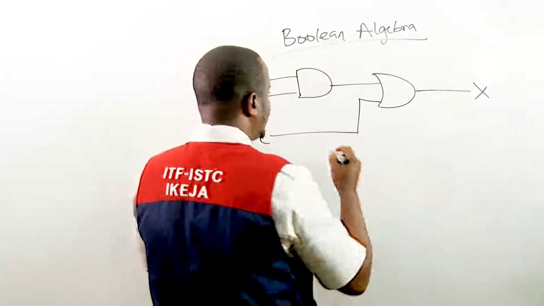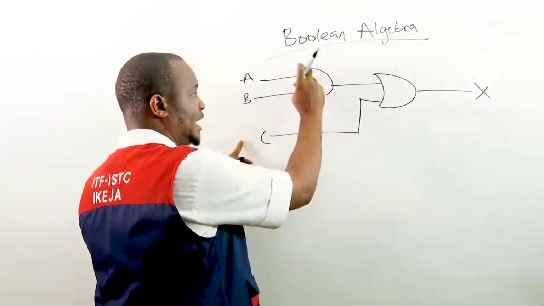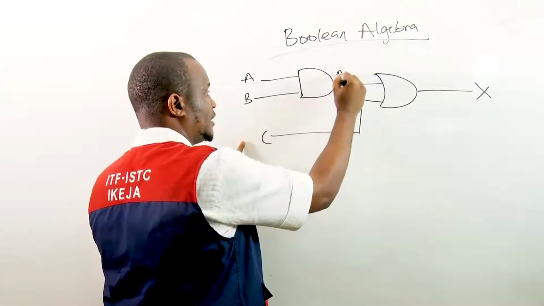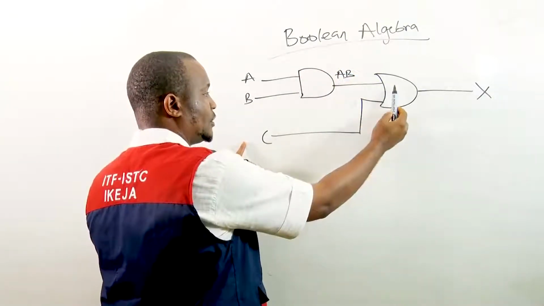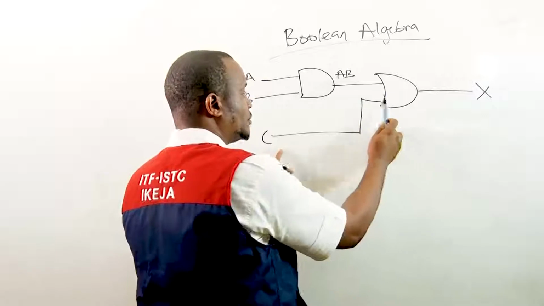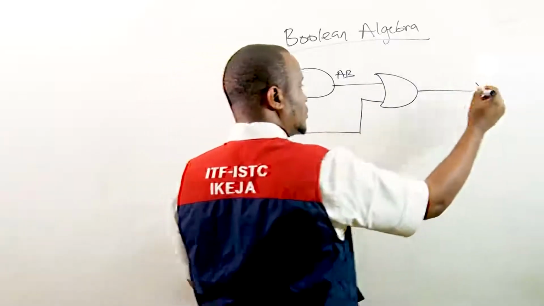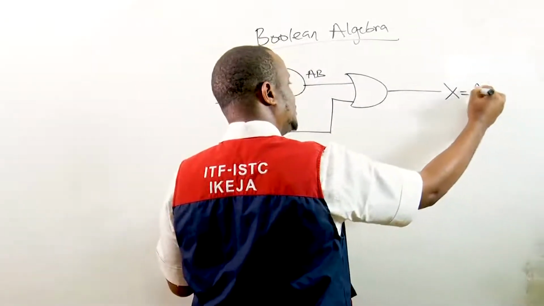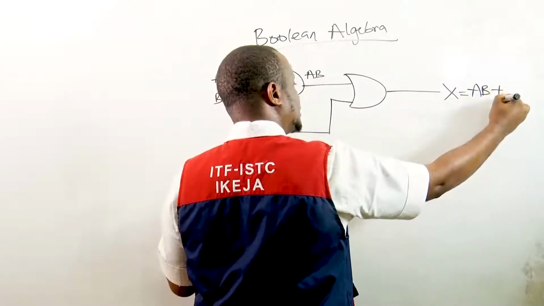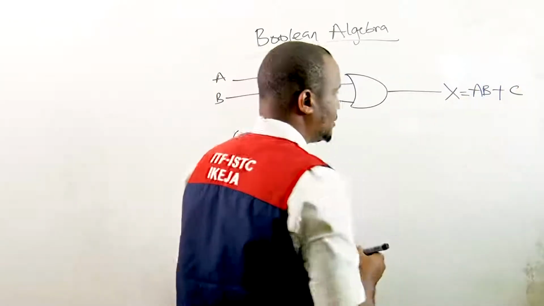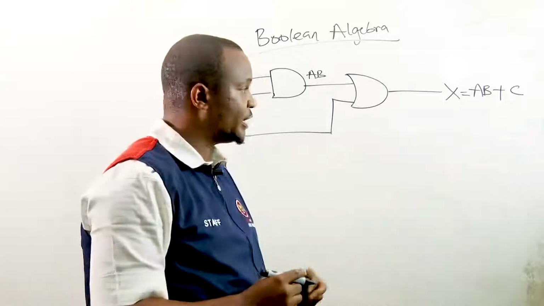So here we have AB, because this is an AND gate, and this is an OR gate, so we have the C coming to the second leg. So the answer here will be AB or C. This is how we express it.